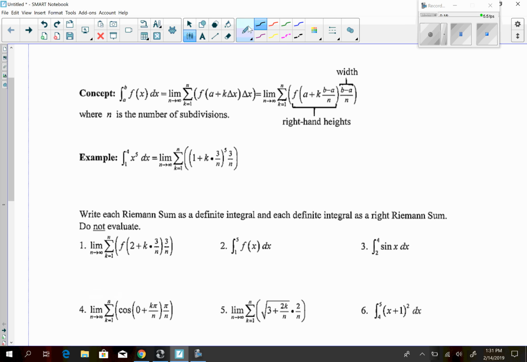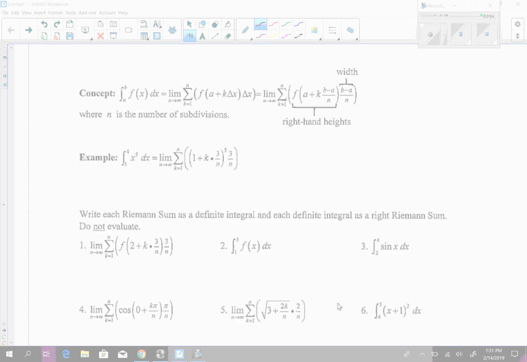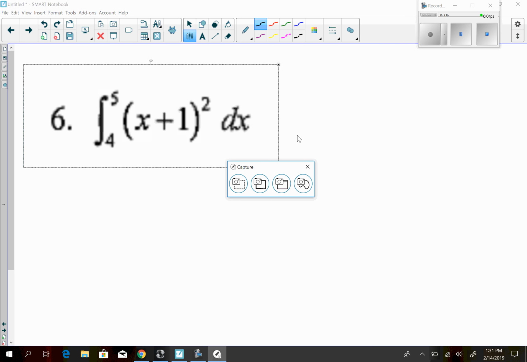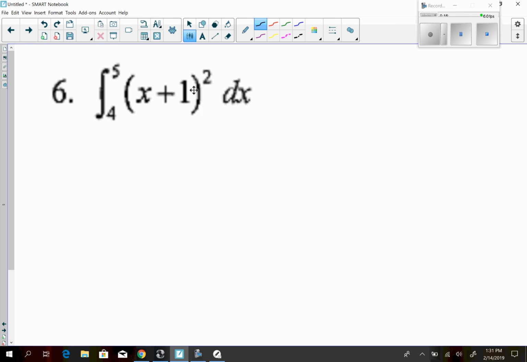Let's try number 6. All right, so you need the picture. Y-axis, x-axis. When x is 4, y is whatever.